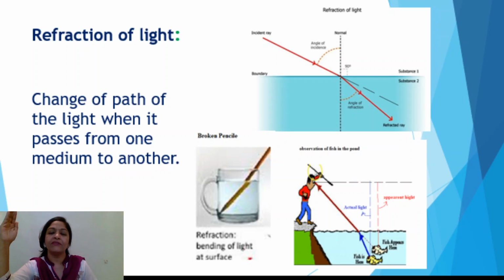When light propagates from one medium to another medium, instead of following the rectilinear propagation, it changes its path. This change of path of light when passing from one medium to another is known as refraction.